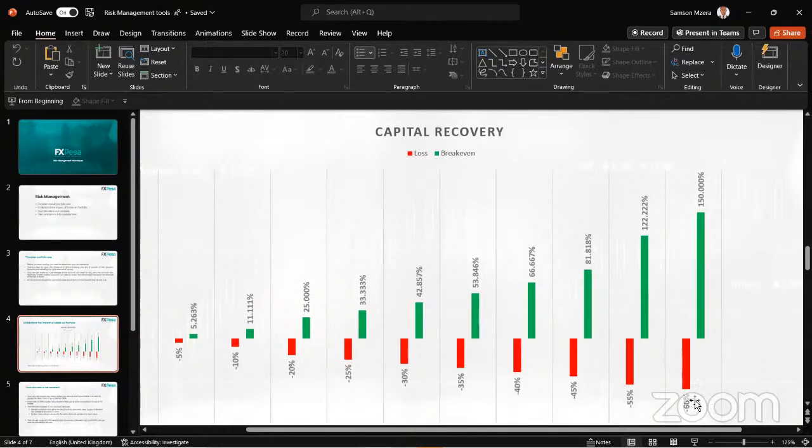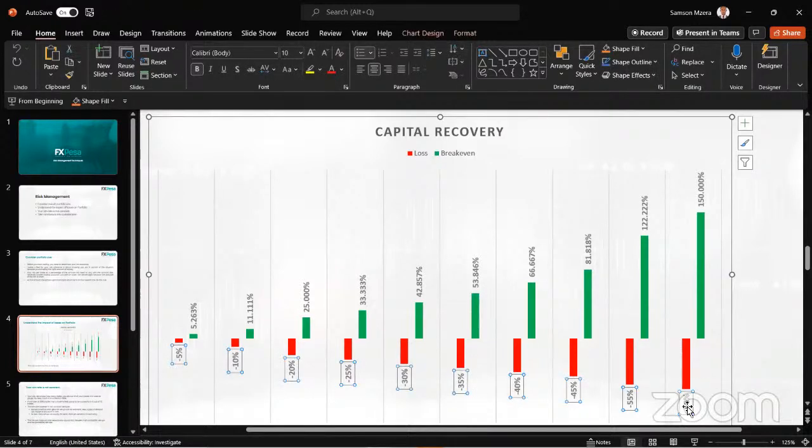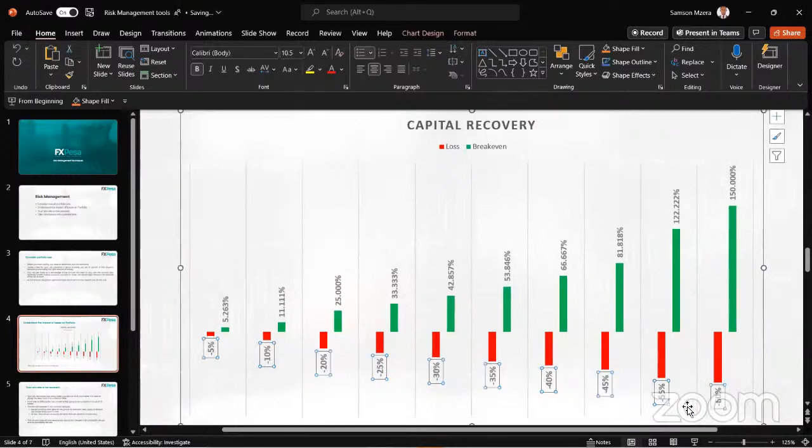If I've lost 60% of my account in trading, that means I have, let me enlarge on these numbers. Yeah, so I hope everyone can see these numbers.